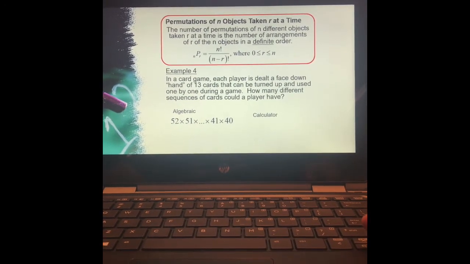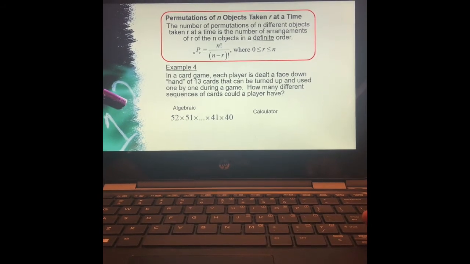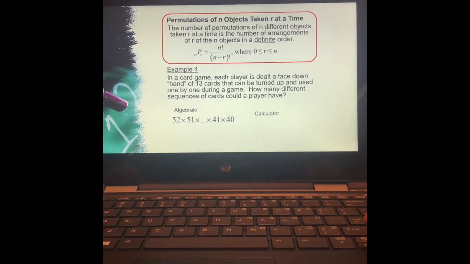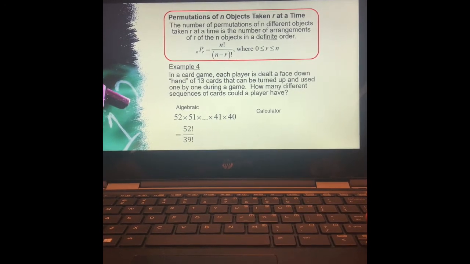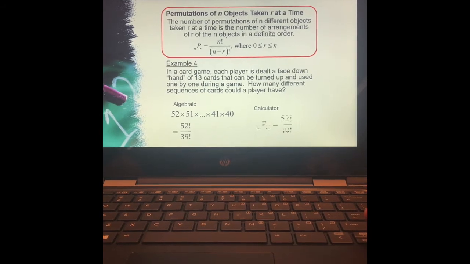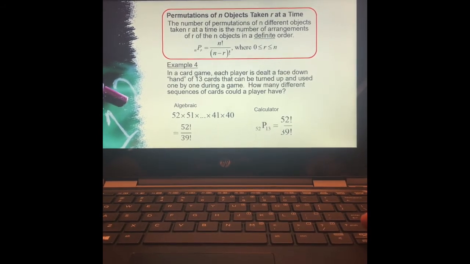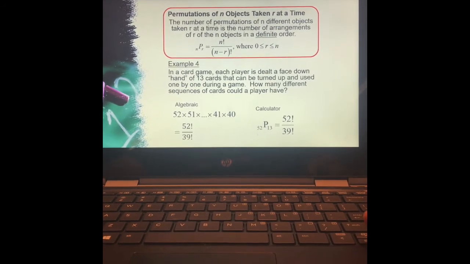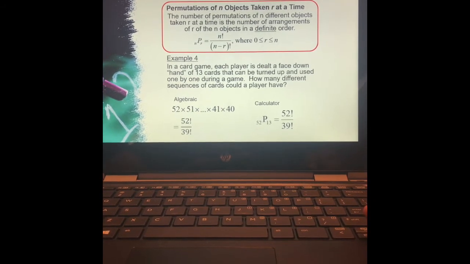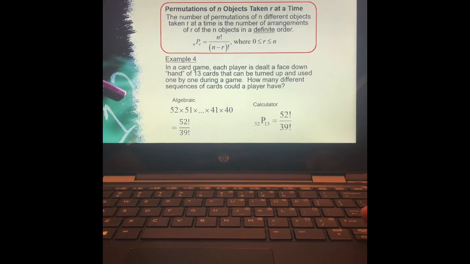Or 52 factorial divided by 52 minus 13 factorial. Or use P, 52P13. It's the same thing. And obviously it's the quickest way. P should be in your calculator, 52P13.